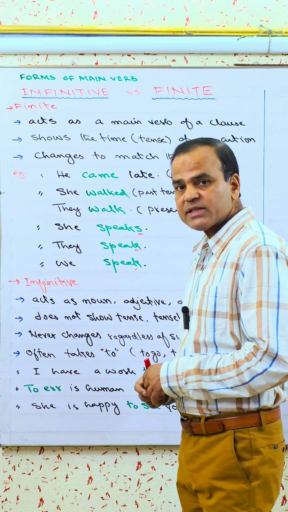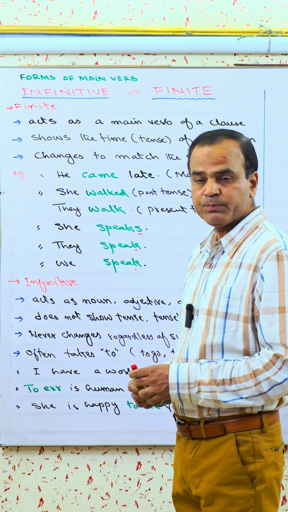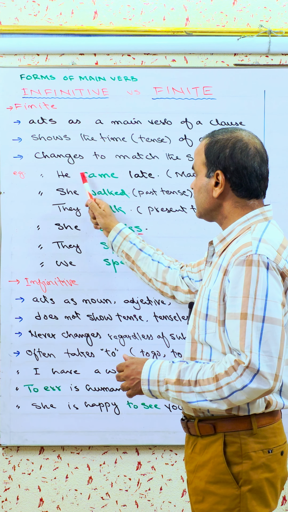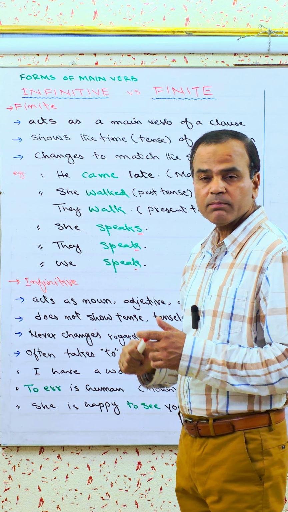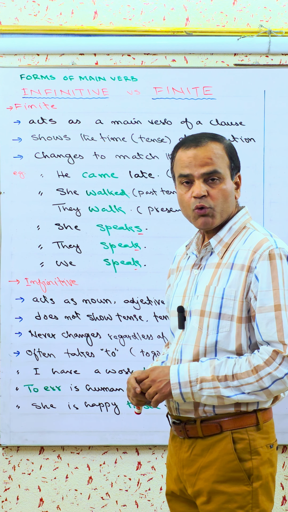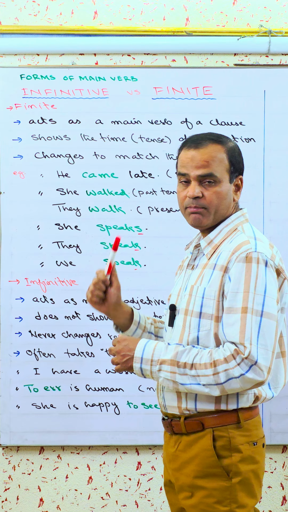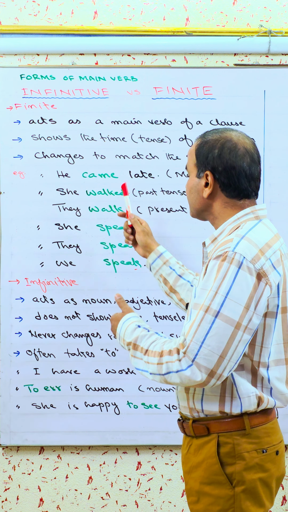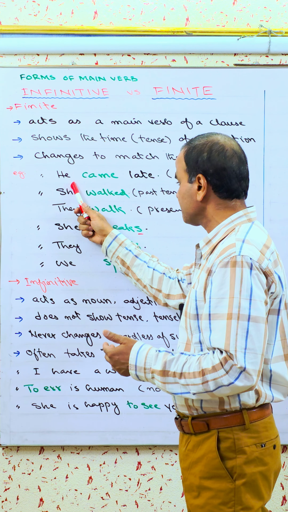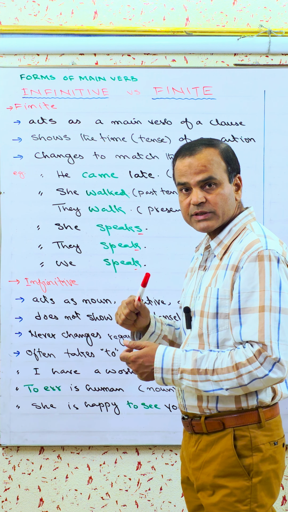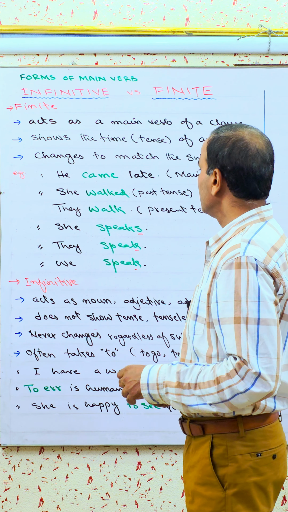Let us see the examples I have written for you. The green words are finite verbs. He came late. Here came is the main verb of this sentence, so we will call it a finite verb. It shows an activity and is limited by the subject. It has a subject and it also shows tense. That's why we call it a finite verb.